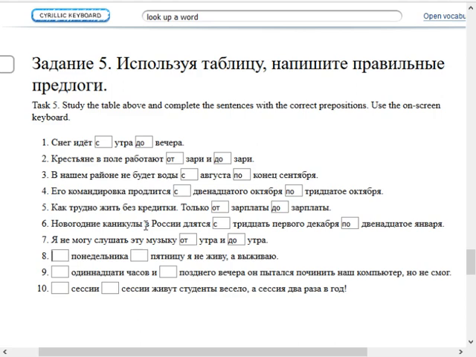С понедельника по пятницу я не живу, а выживаю. Okay, this lesson is very relatable. So понедельник is Monday.